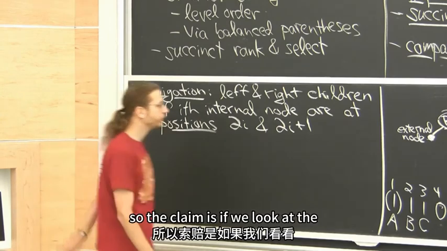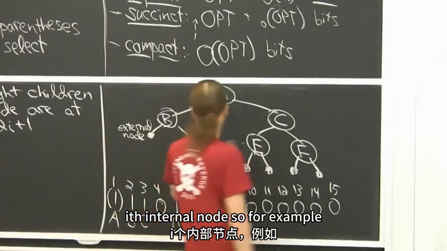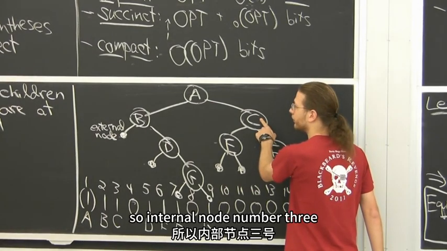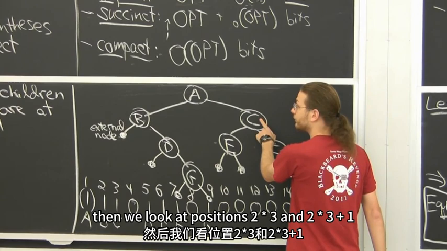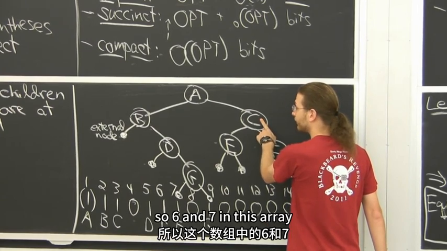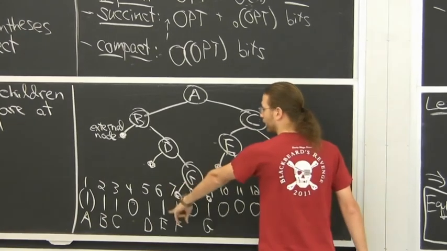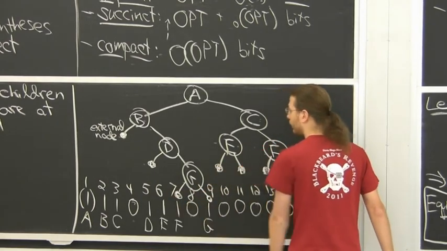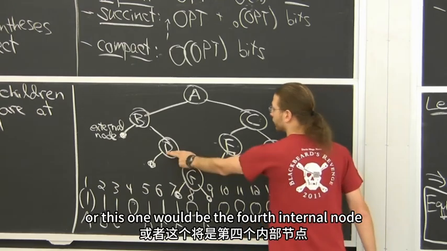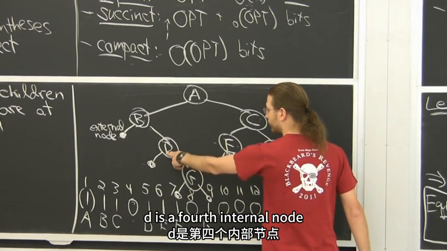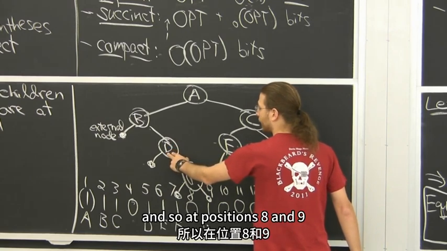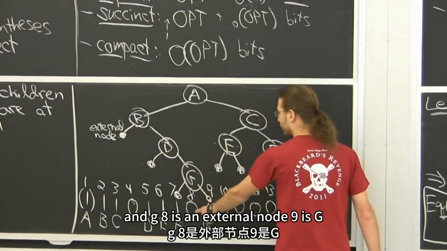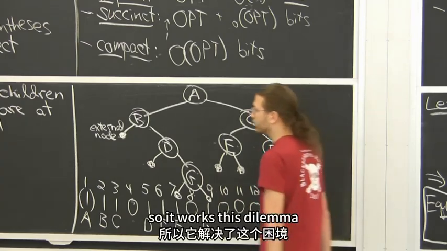So the claim is if we look at the ith internal node, so for example, C is the 3rd internal node, then we look at positions 2 times 3 and 2 times 3 plus 1, so 6 and 7 in this array, and we get the 2 children, E and F. So that works, 6 and 7 are E and F. Or D is the 4th internal node, and so at positions 8 and 9 should be this external node and G. 8 is an external node, 9 is G. So it works.